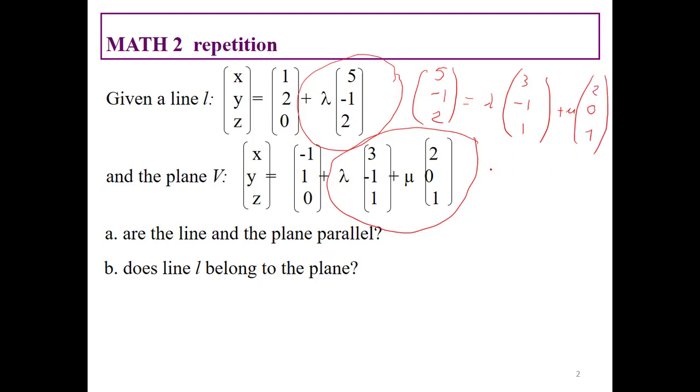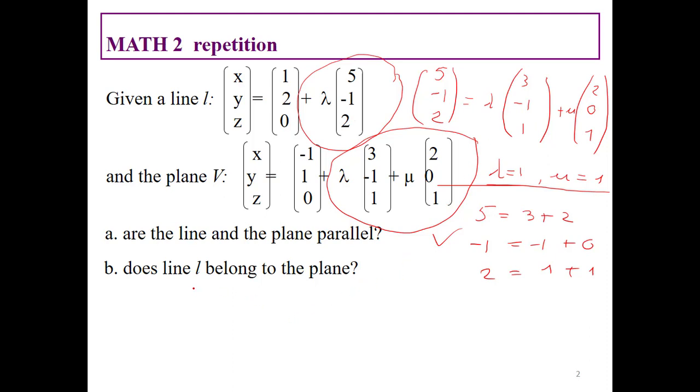Well, if we choose lambda being 1 and mu being 1, then immediately we see that 5 equals 3 plus 2, -1 equals -1 plus 0, and 2 equals 1 plus 1. So indeed, the line and the plane are parallel. By the way, if you don't see this solution immediately, we just have three equations with two unknowns and you can solve it with all the knowledge we have so far.